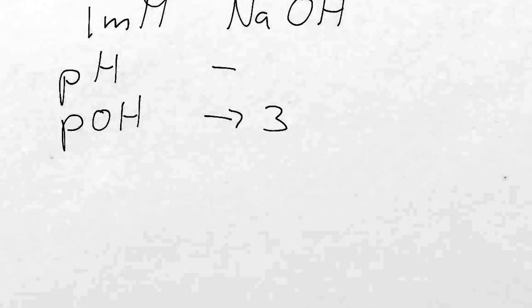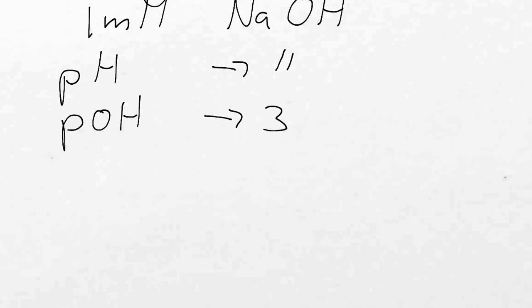Done? So what do you get? So you say pOH is 3 and pH is 11. The other way around?